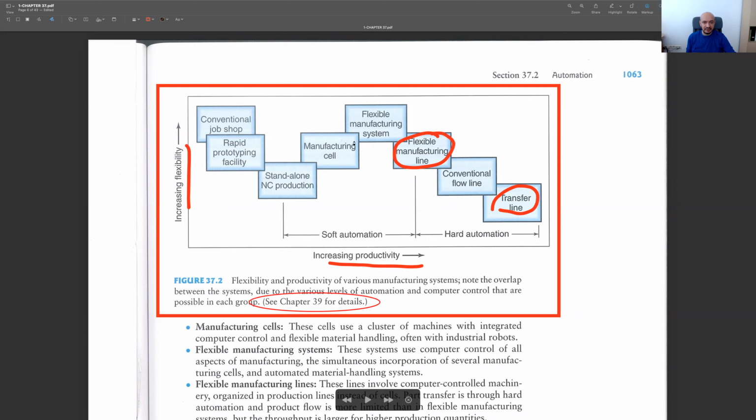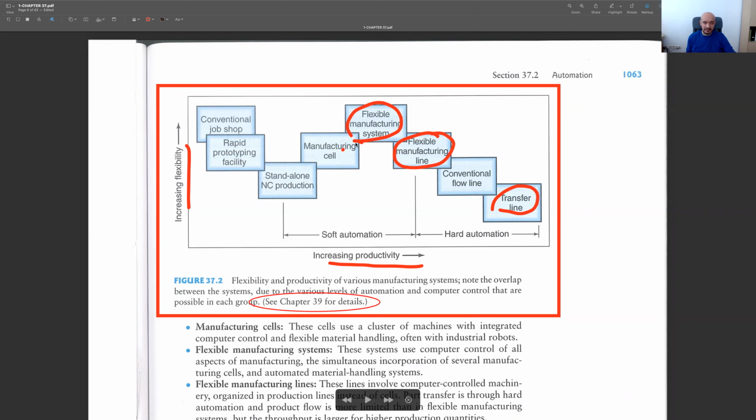Then we have flexible manufacturing systems. This has very high flexibility, similar to the conventional job shop systems. But the thing is that obviously it has higher productivity compared to the conventional job shop systems.